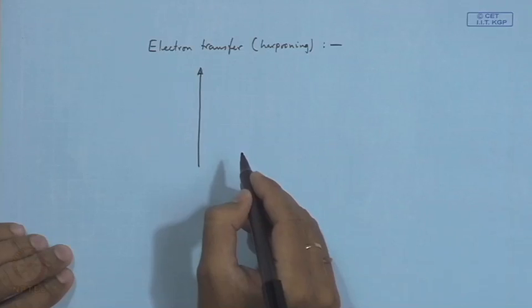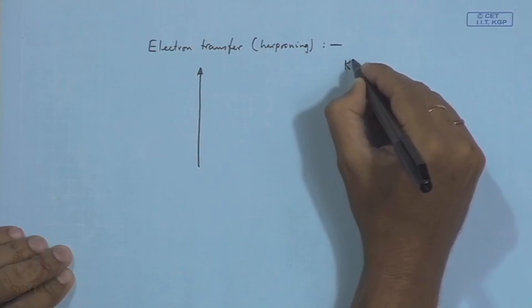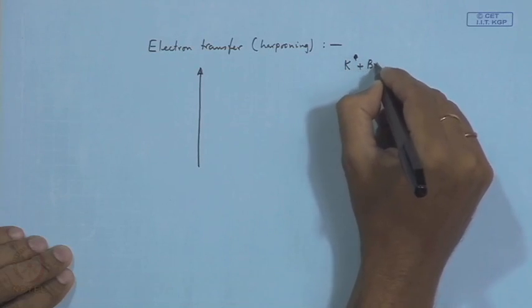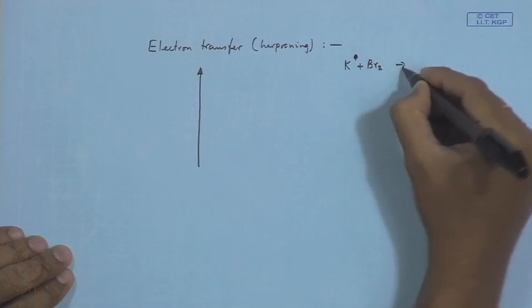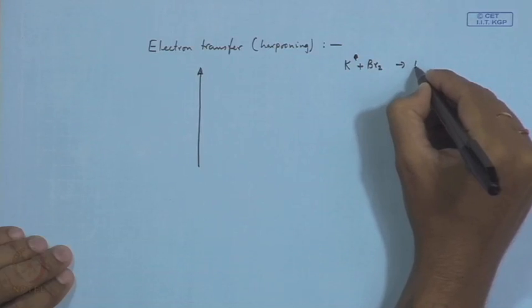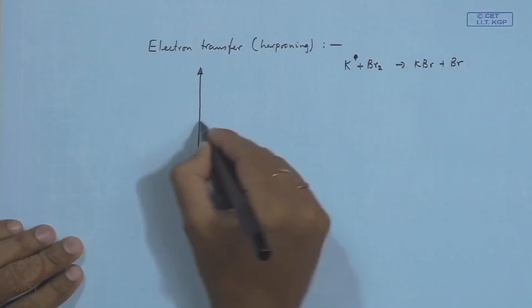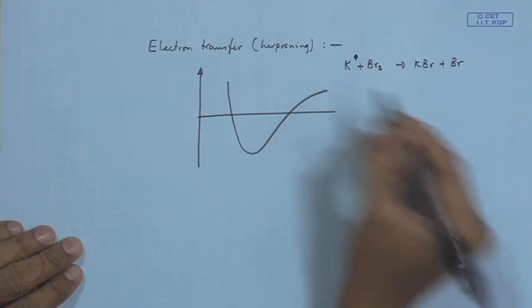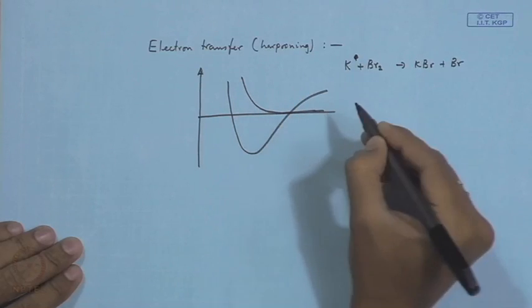Say for a reaction K plus Br2, giving rise to say KBr plus Br. So, thing is, okay.